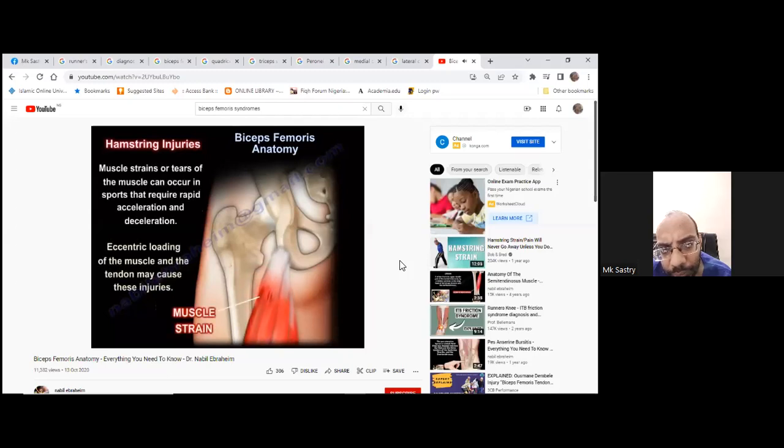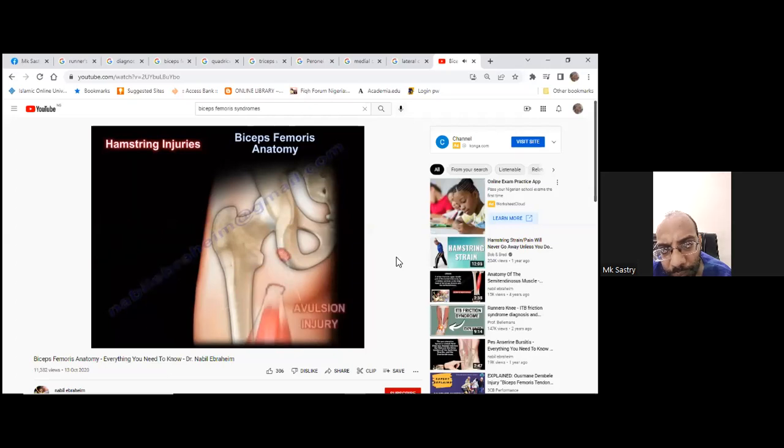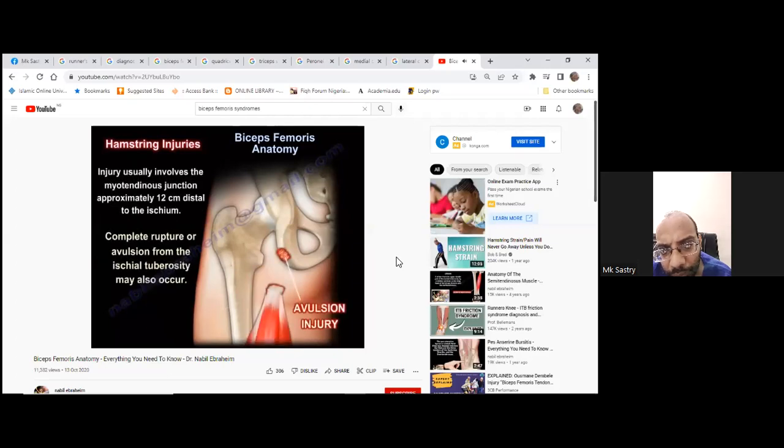Hamstring injuries. The upper medial portion of the ischial tuberosity is where the insertion of the biceps femoris and semitendinosus is located. Muscle strains or tears can occur in sports that require rapid acceleration and deceleration. Eccentric loading of the muscle and the tendon may cause these injuries. Injury usually involves the myotendinous junction approximately 12 centimeters distal to the ischium.